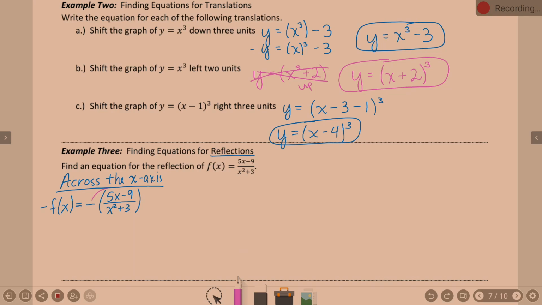So if we distribute it to the numerator, this now becomes negative 5x plus 9, still over x squared plus 3. That is your reflection across the x-axis.